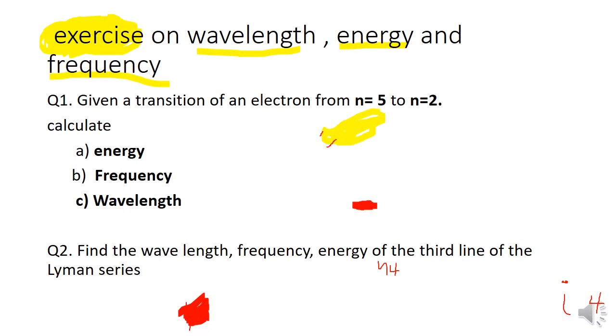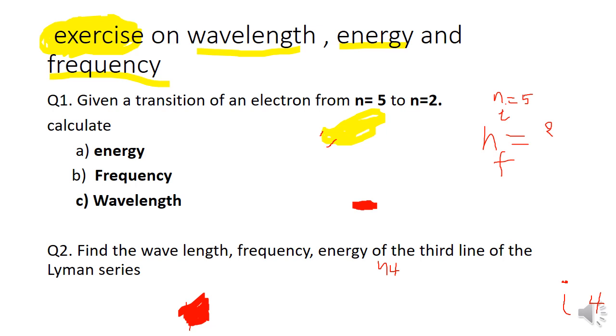Then this is the question, this is the exercise. For example, find, in a given transition of an electron from n5 to n2, where n5 is the initial level and n2 is the final level.